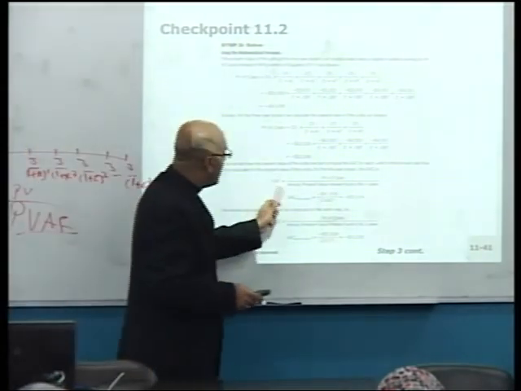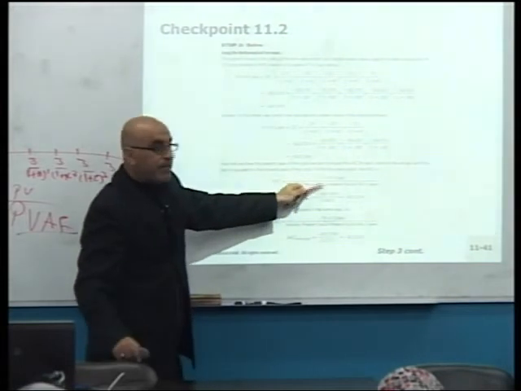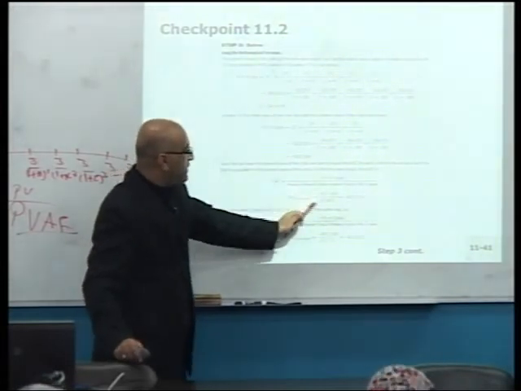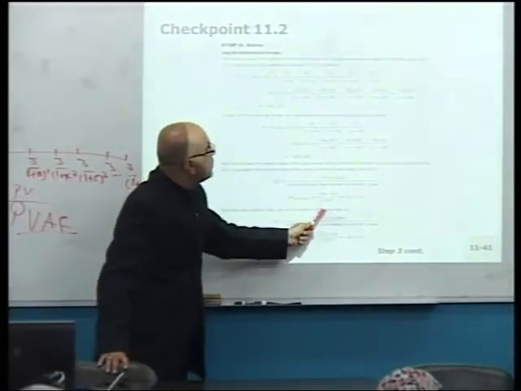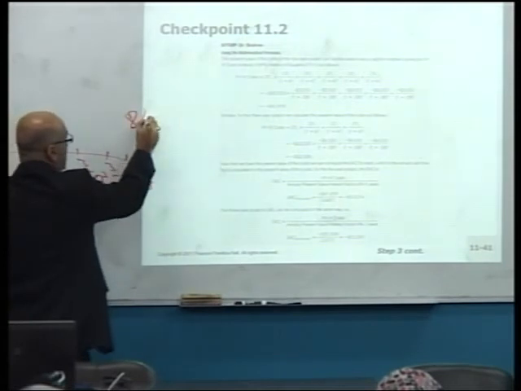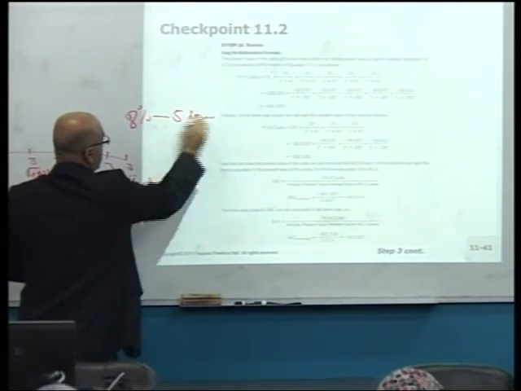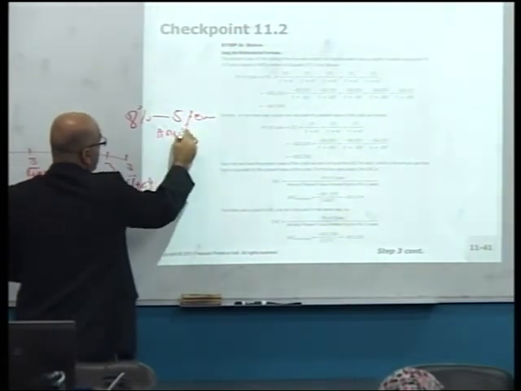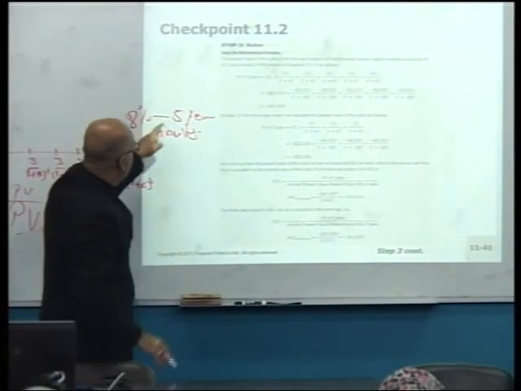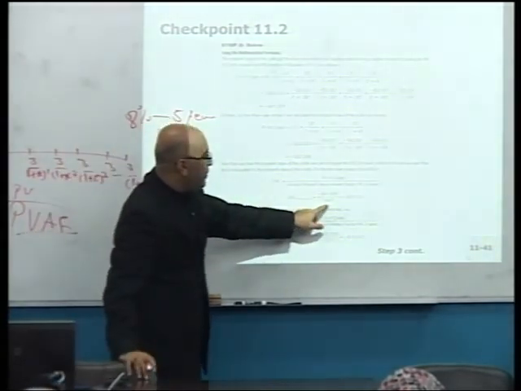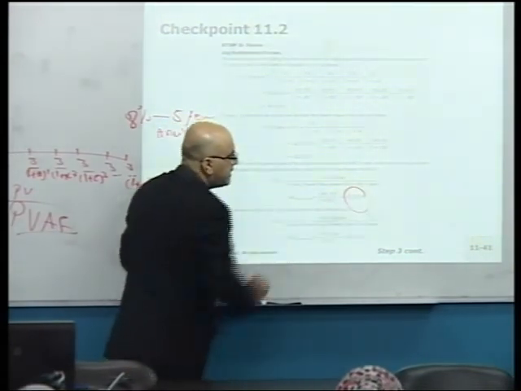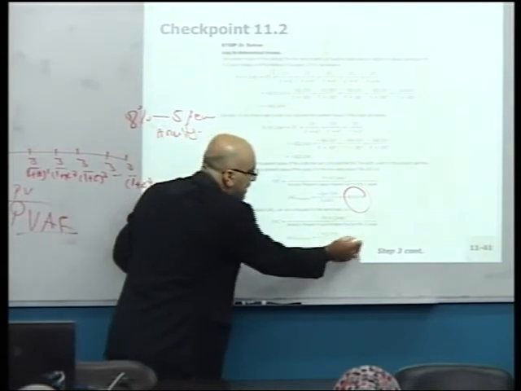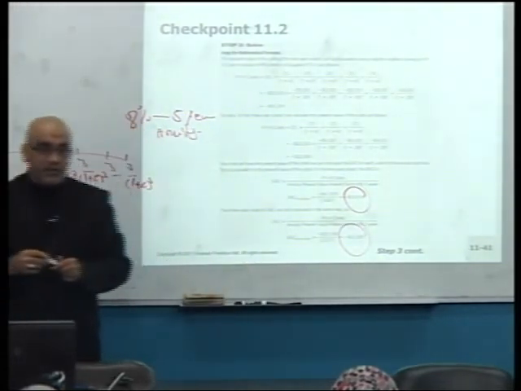Now, the present value, which is 41,000, is divided by the present value annuity factor. At 8% for 5 years, the annuity factor is 3.9927. The result is minus 10,000, and the result of the second project is minus 12,000.